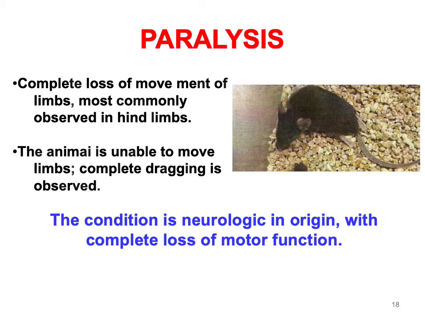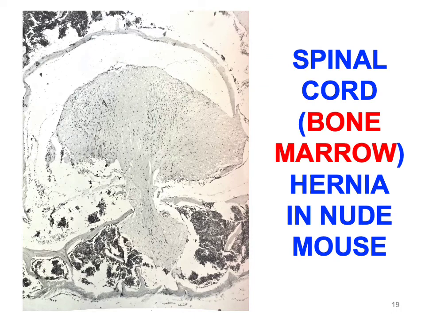The condition is neurologic in origin, with complete loss of motor function. And here you can see an illustration, for example, a spinal cord hernia, when the marrow comes out like a nuclear bomb shape. You can see this picture in a nude mouse.